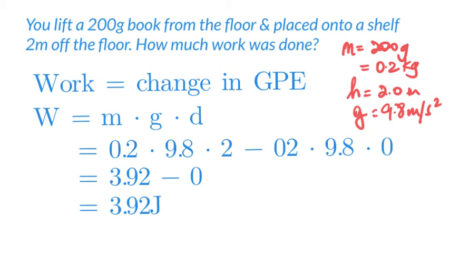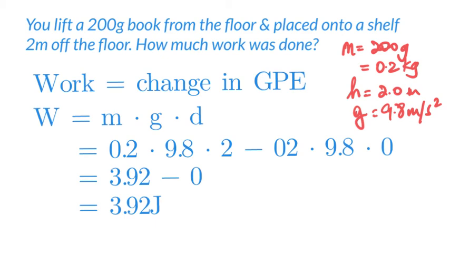Now over here, we've got what the new GPE would be when it's on the shelf. So it's 0.2, which is mass, times 9.8 times 2. So we can see that 3.92 is the amount of GPE it has on the shelf. 0 was the amount it had on the floor, so the difference is 3.92 joules.